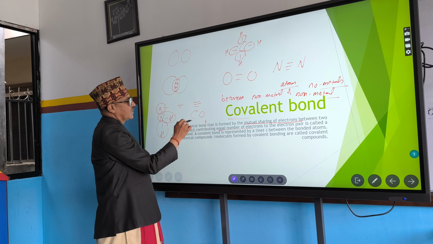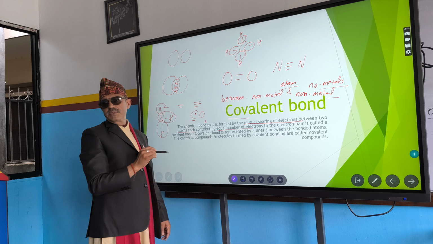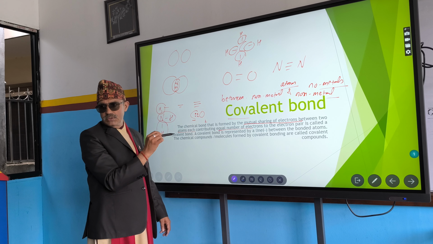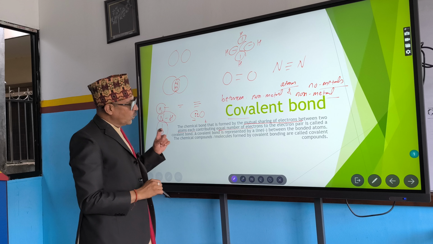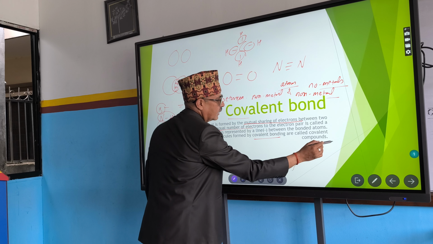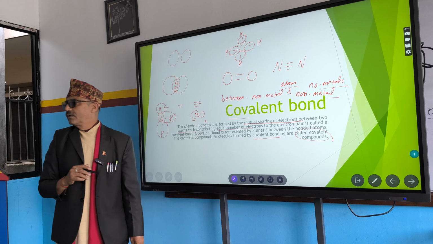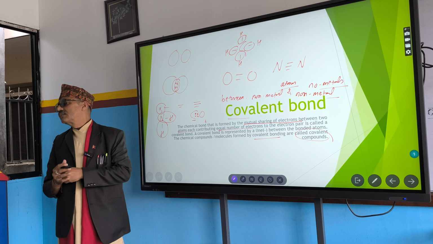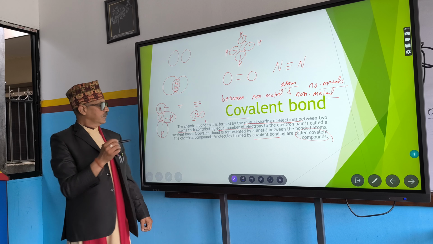If one atom contributes one electron, another also contributes one. If one contributes two, another also contributes two. And those molecules which are formed by covalent bonding are called covalent compounds.